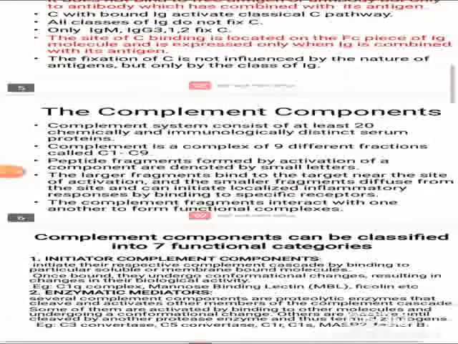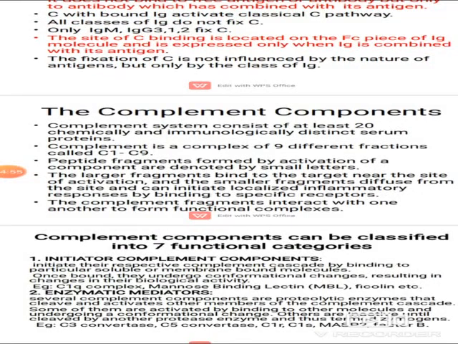Next we are going to talk about the complement components. We already said that complement components are glycoproteins. The complement system consists of at least 20 chemically and immunologically distinct serum proteins. Complement is a complex of 9 different fractions called C1 to C9.